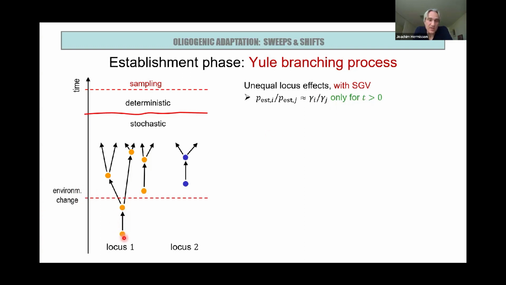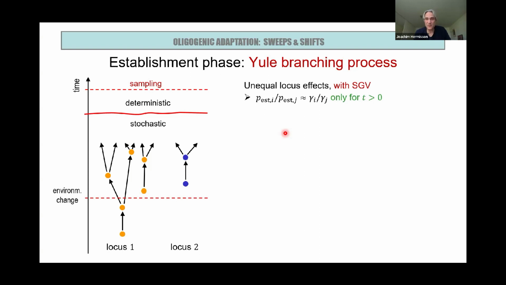For all the time before that, where the standing genetic variation builds up, this is simply not true. That's because establishment probabilities, or think of fixation probabilities, are only linear in the selection coefficient for positive selection. For deleterious selection before the environmental change, they are not linear, they are exponentially related to selection. And therefore this simple relation just does not hold.